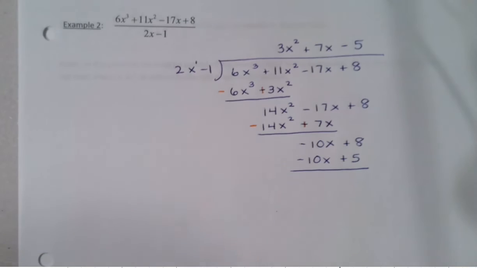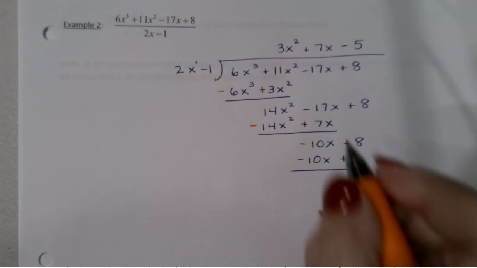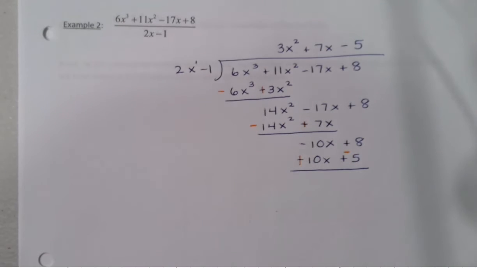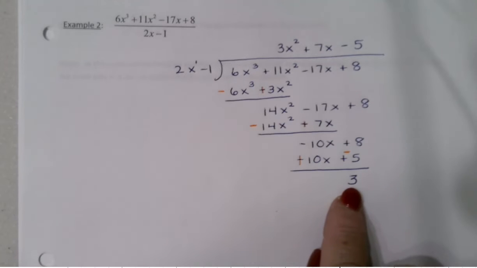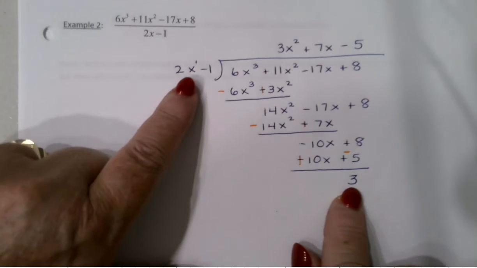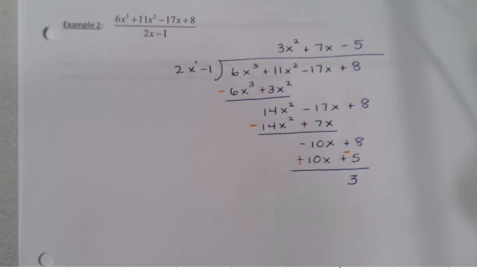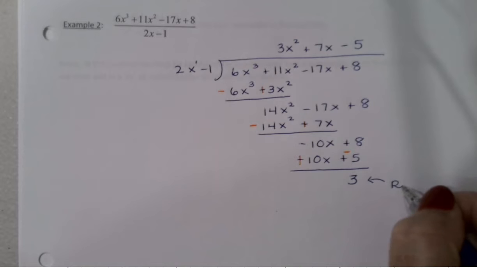When I multiply, subtracting makes that one positive and that one negative, so I end up with 3. I know I'm done dividing, both because I've kind of finished off with my constant term here, but also the degree here is now 0, which is smaller than the degree of the divisor. So I'm finished. This time I do have a remainder, a non-zero remainder.